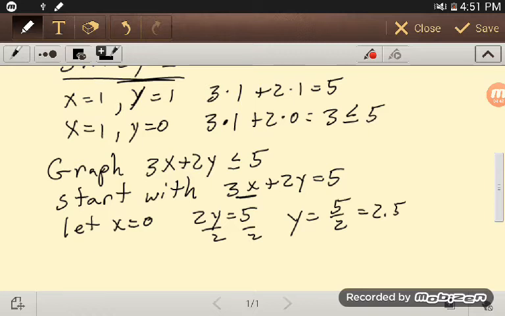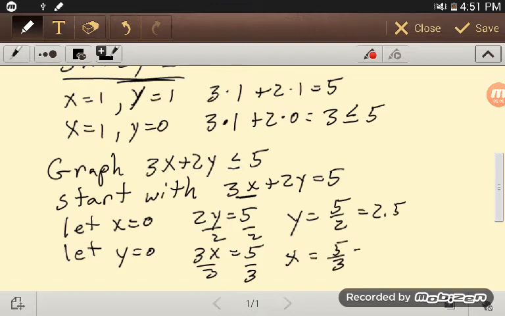And similarly, if I let y equal 0, then I'll get 3x equals 5. Divide both sides by 3, and I have x equals 5/3, or about 2.67.